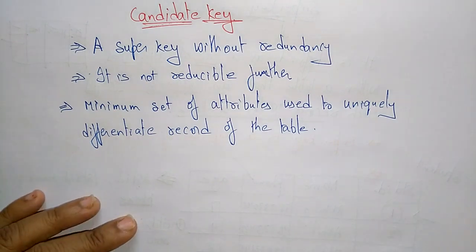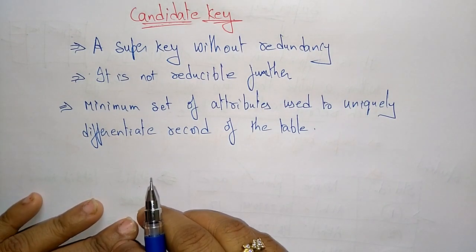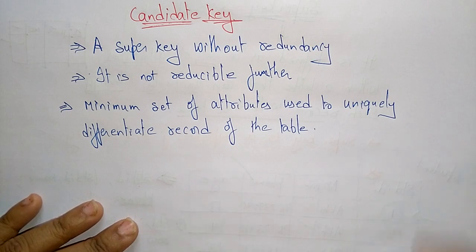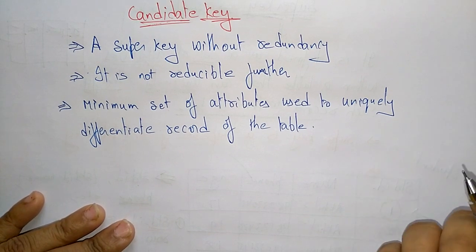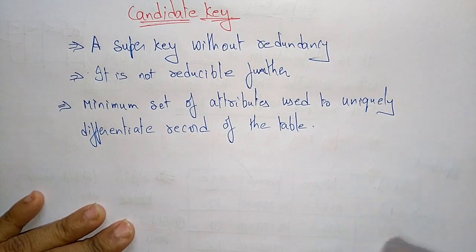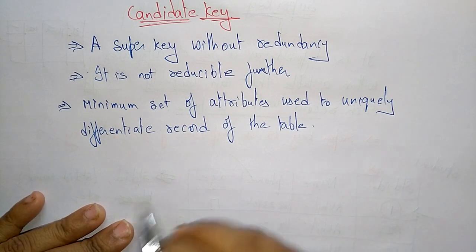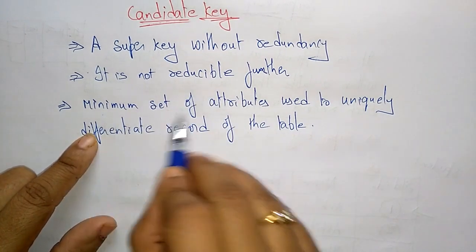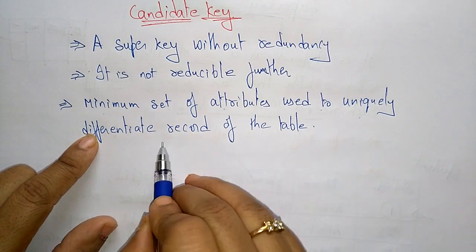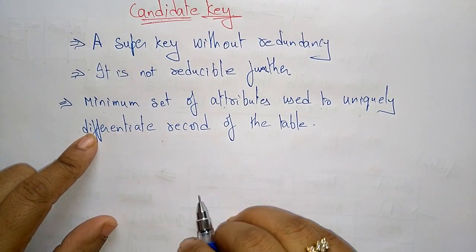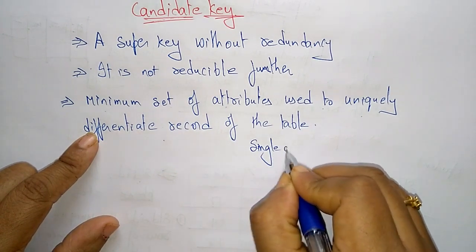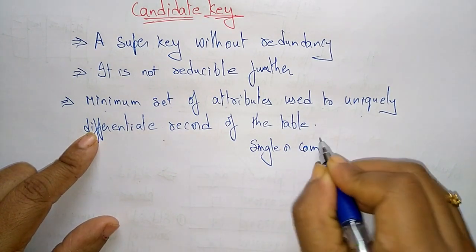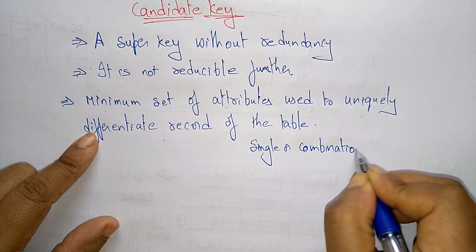In the previous video, when I was discussing the super key, I said a set of attributes can be identified as a super key. There I had taken the student ID and the student name as a set of attributes to identify a record uniquely. Whereas in the candidate key, a minimum set of attributes is used to uniquely differentiate a record of the table. Means it may be a single attribute or a combination of minimum attributes. Don't take all the attributes.